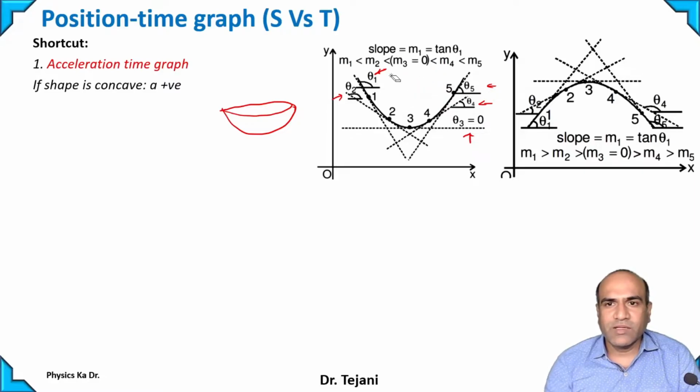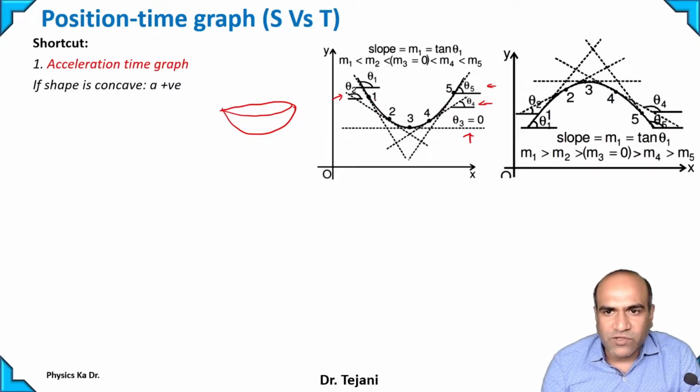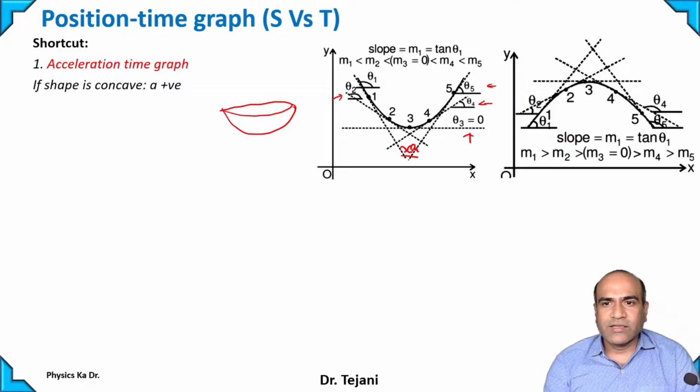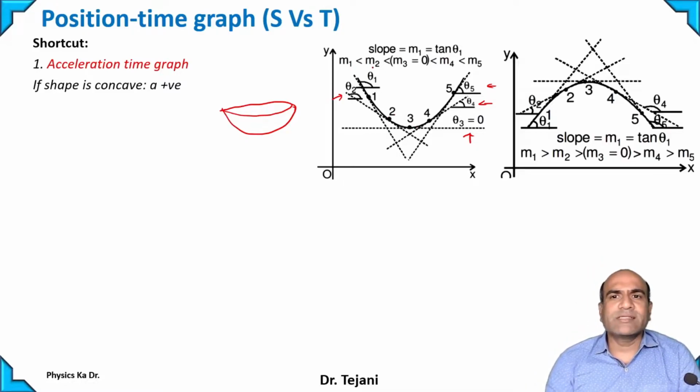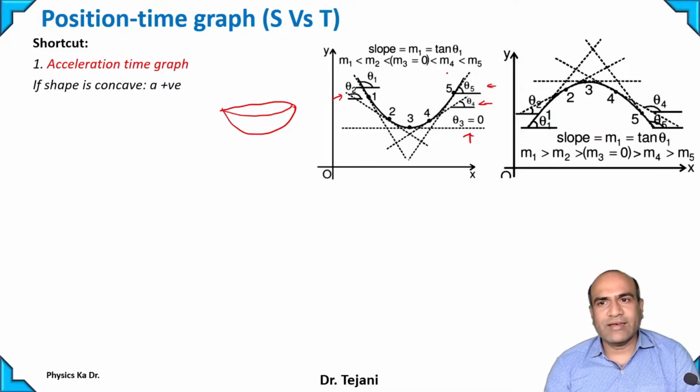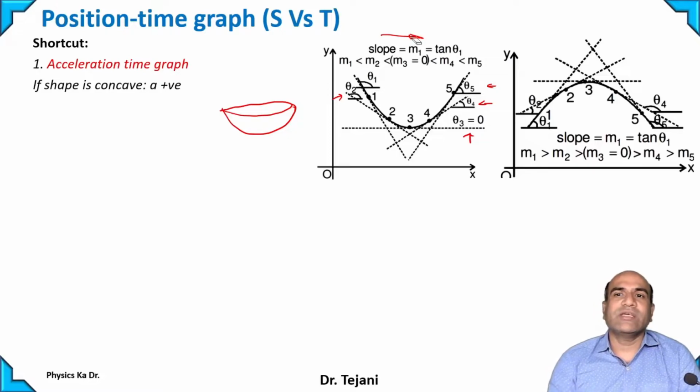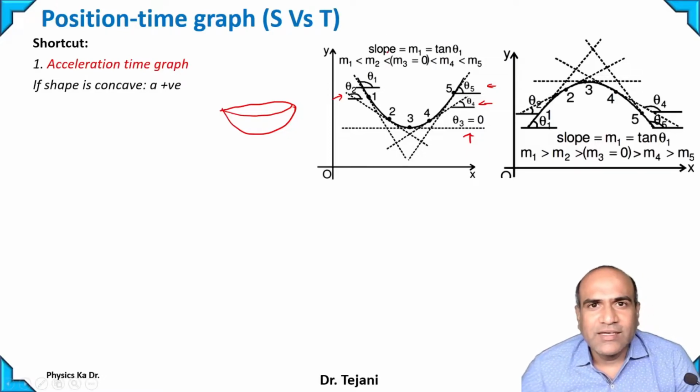This line has theta 1. It is the biggest one. If we take theta 2, it is slightly smaller. So m1 is less than m2, less than m3, less than m4, less than m5. So you can see the slope in this case continuously increases. Is it like that?